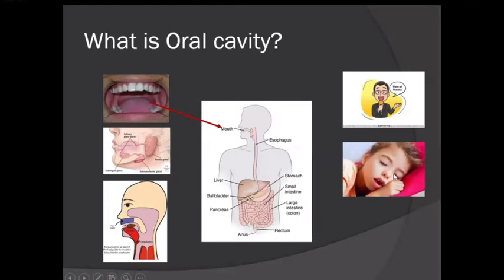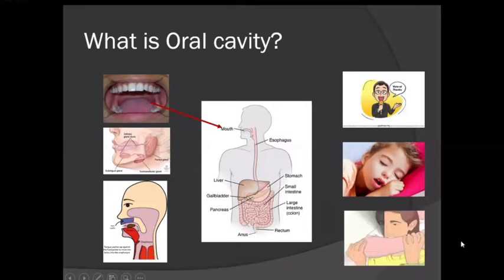Now, you can well imagine a situation when you have nasal congestion, a swelling of the nasal mucosa, or a deviation of the nasal septum, and you're not able to breathe through the nose. What happens then? Then you have to breathe through the mouth. So the mouth, or oral cavity, also functions as an accessory air passage. That's another function.